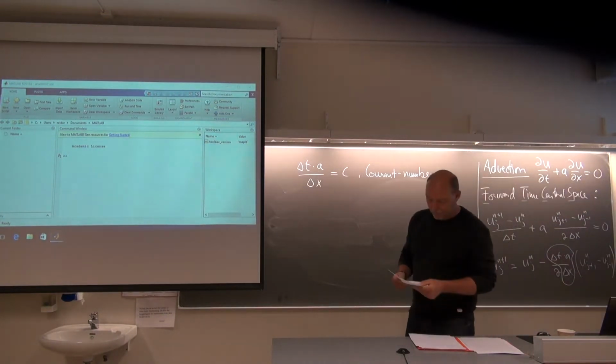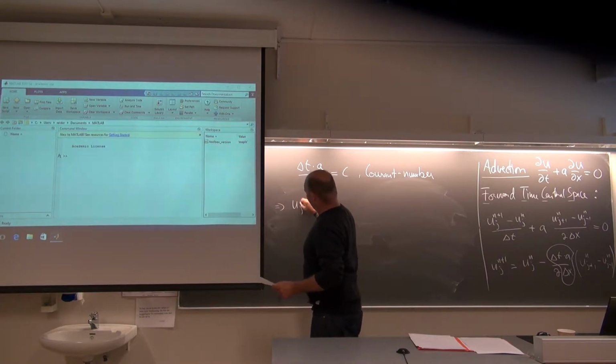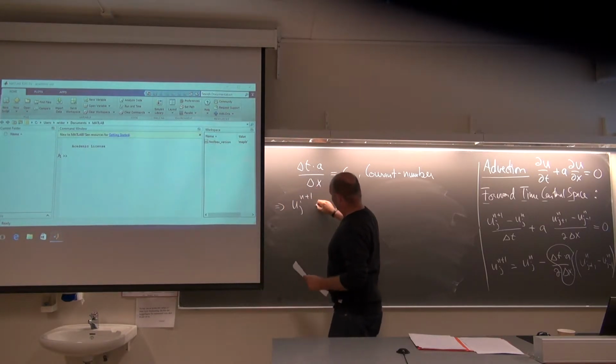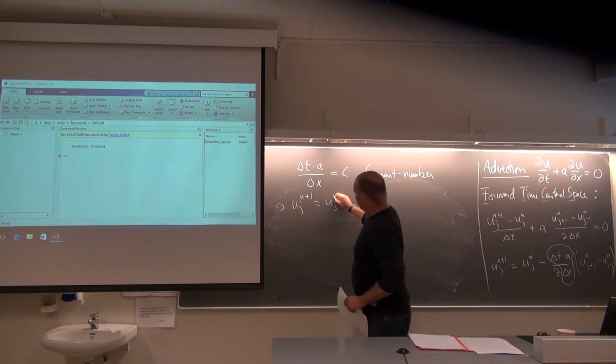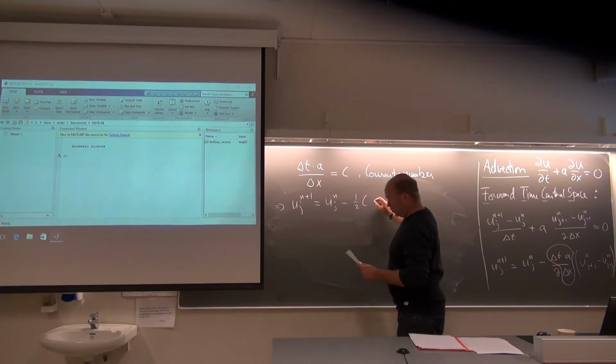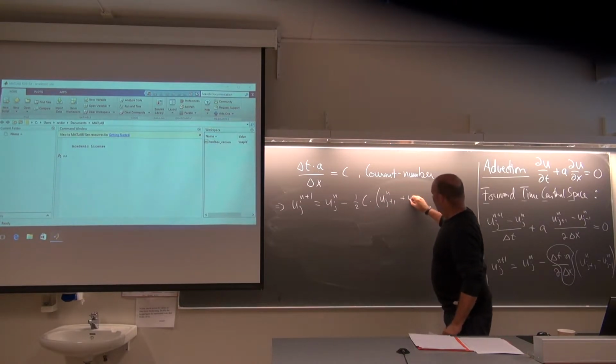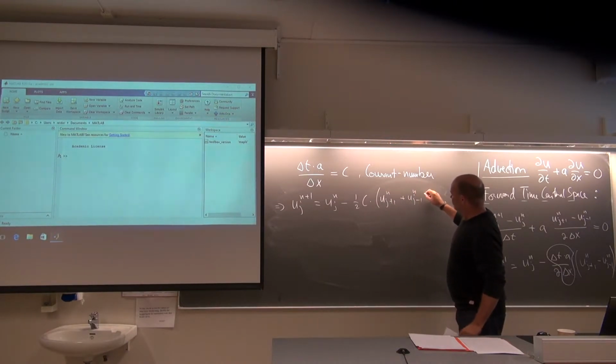And we can write our equation like this. Uj n plus 1 equals Ujn minus 1/2 Courant number multiplied with Uj plus 1 minus Uj minus 1.